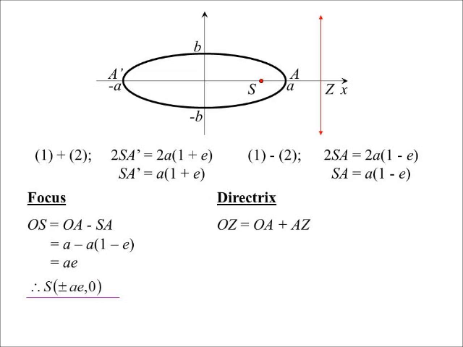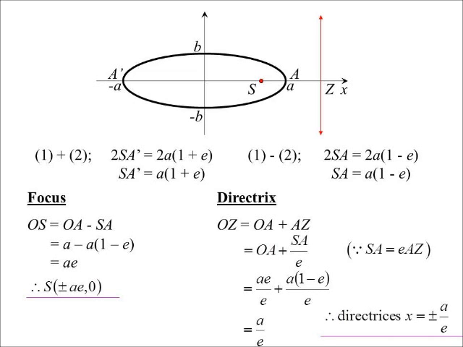Let's get an equation for the directrix then. Distance from O to Z would be the distance from O to A plus AZ. So we get OA plus SA over E. Again, playing around with our definition that we saw before. Remember, we said SA was equal to E times AZ.